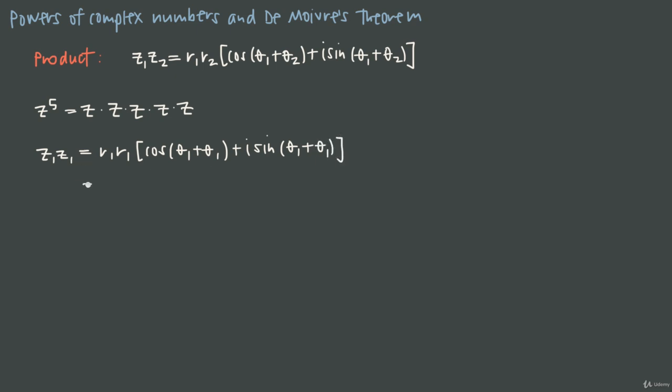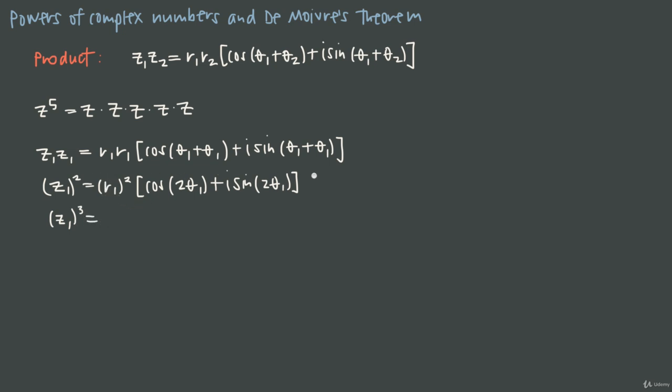And the result there is r sub 1 squared times cosine of 2 theta sub 1 plus I sine of 2 theta sub 1. And that's, of course, equal to z sub 1 squared. Now, if we want to find z sub 1 cubed, we multiply z sub 1 by itself again.